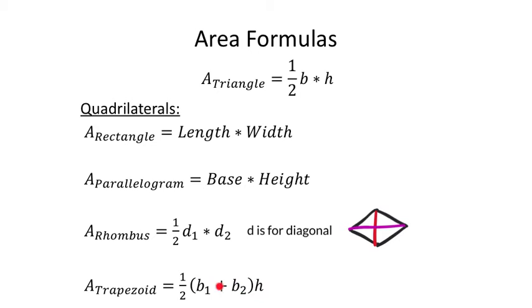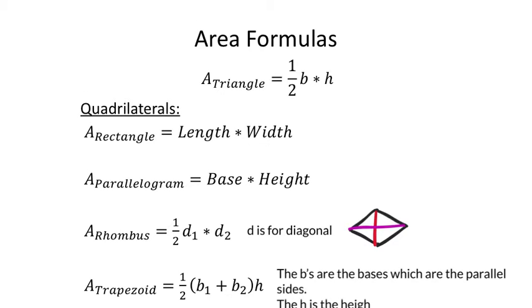The B's are the parallel sides. And then H is, just like we see with the triangle, H is height. So the B's are the bases, which are the parallel sides. Okay, then H is the height.